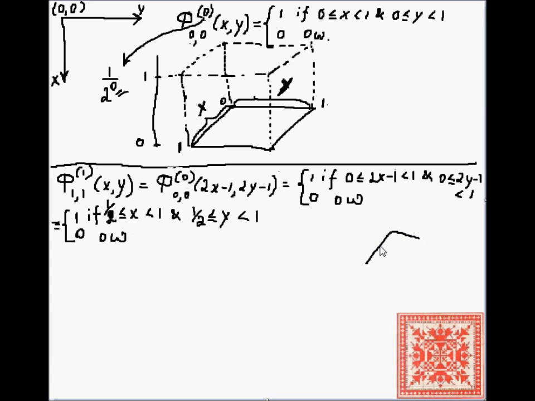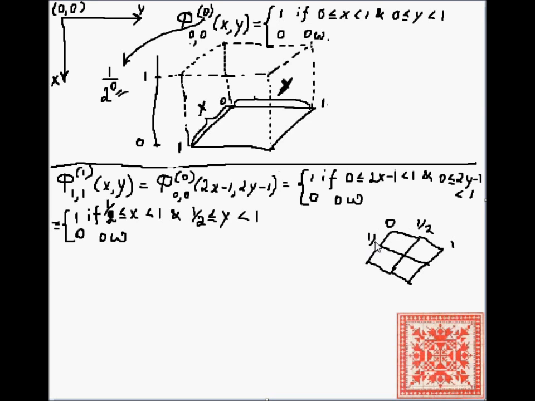So let's sketch this square step function. Our square is going to be half, because the superscript of phi is equal to 1.